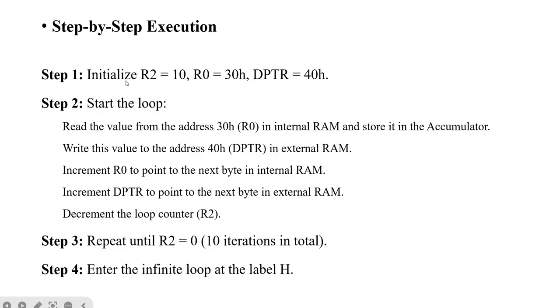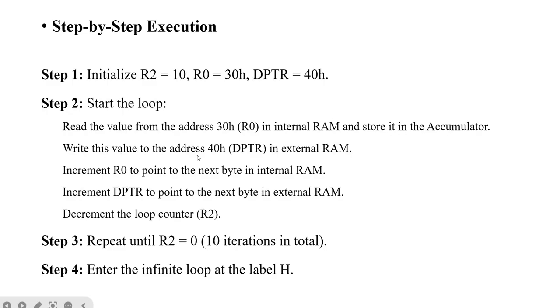So these are the execution steps. What we have done here, in the first step we have initialized R2 equal to 10, R0 equal to 30, and DPTR we have taken as 40H. Then the second step is the execution of the loop. Here we read the value from the address 30H in the internal RAM and store it in the accumulator.